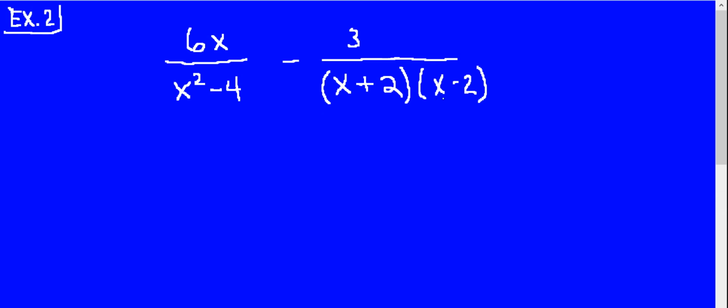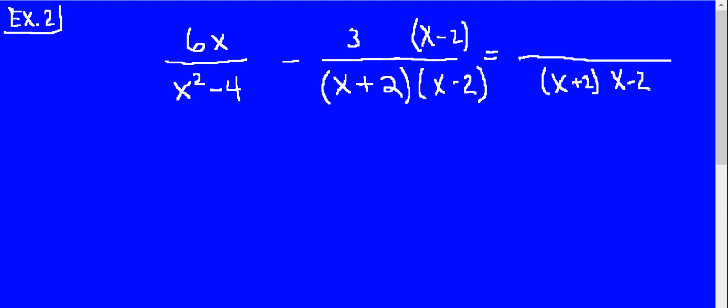Since I multiplied the bottom on the right by x minus 2, I have to multiply the top by x minus 2. And when I do that, my denominator now I'm going to write as x plus 2 times x minus 2. I'm writing it in factored form in case I can get something on top to be factored out as x plus 2 or x minus 2.